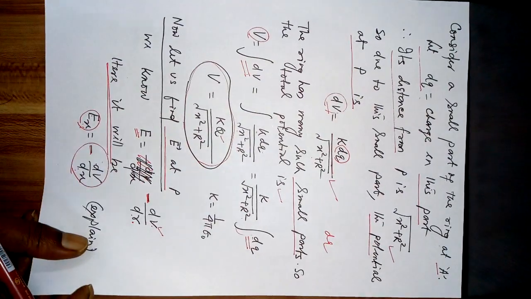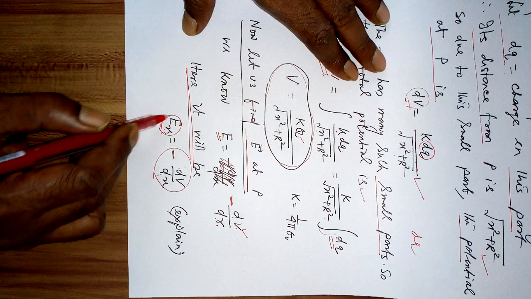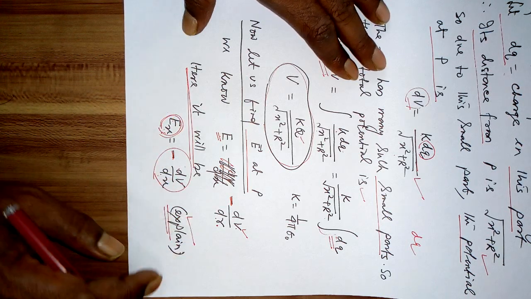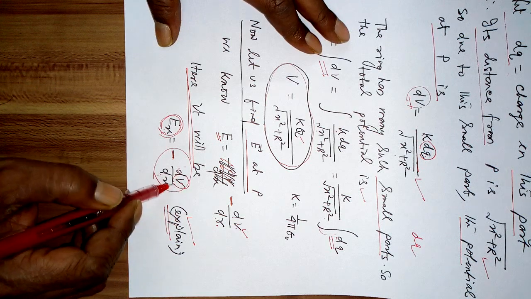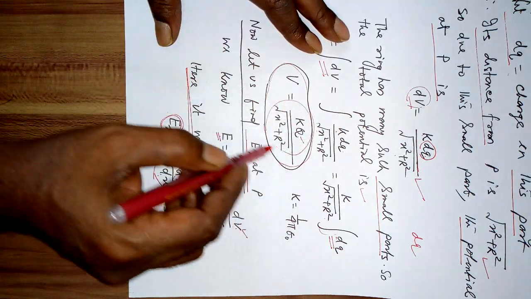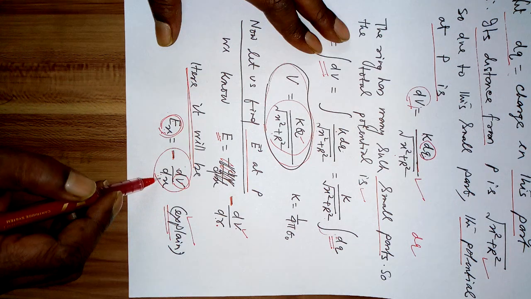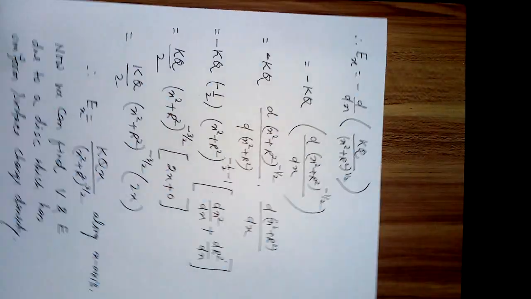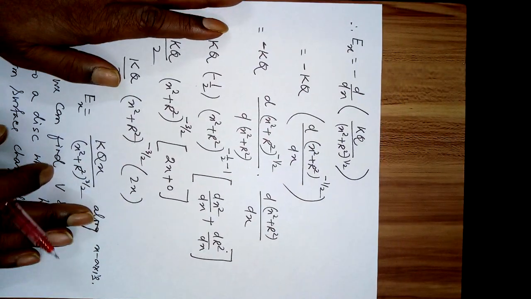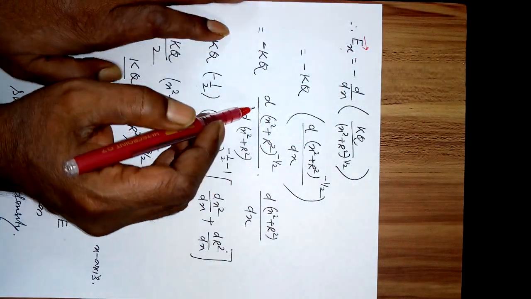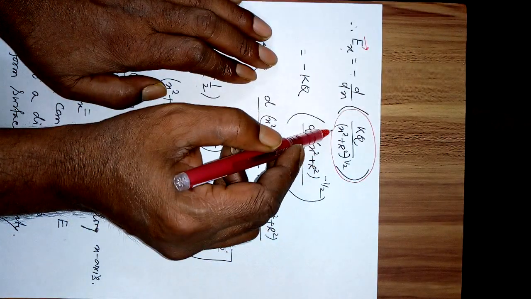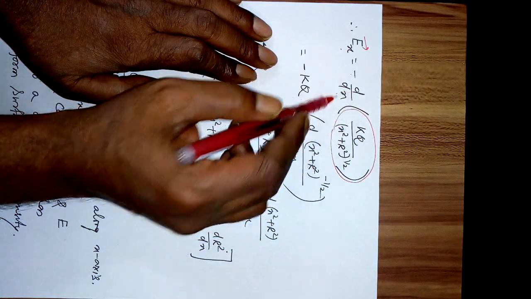So our electric field Ex will be minus dV over dx. This is what I just explained. We have found out V this much. Let us differentiate this with respect to x. So Ex is minus d of this V, which I just derived, dV over dx.